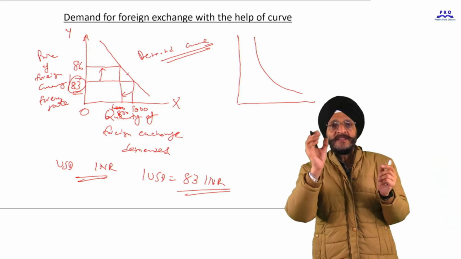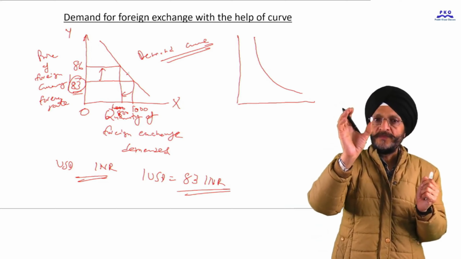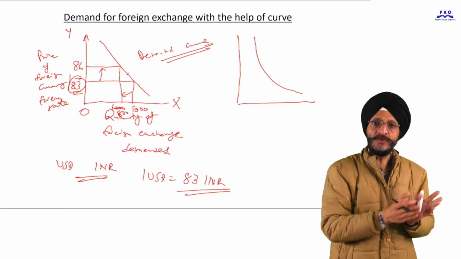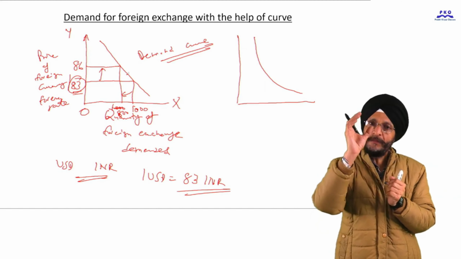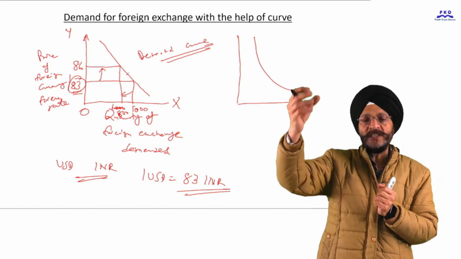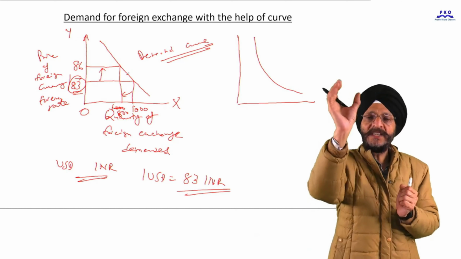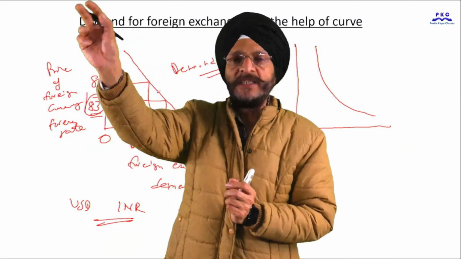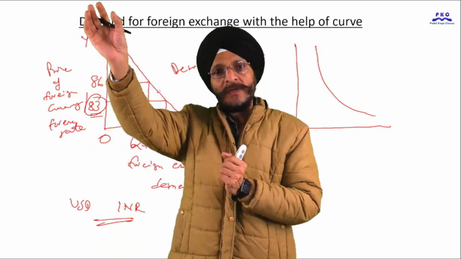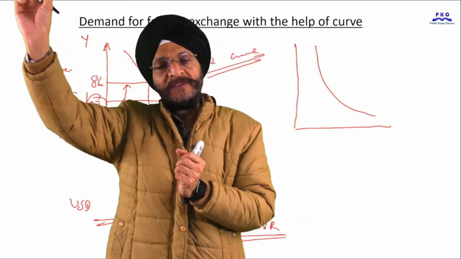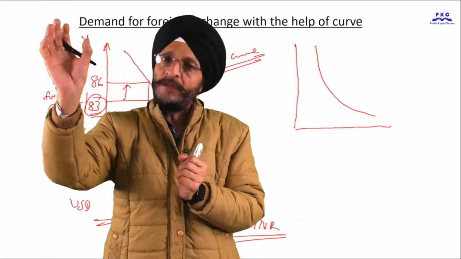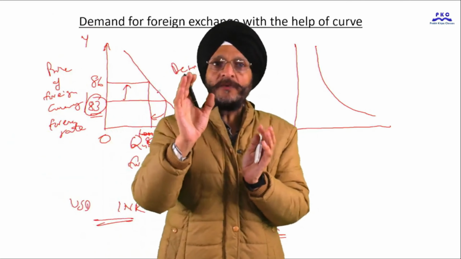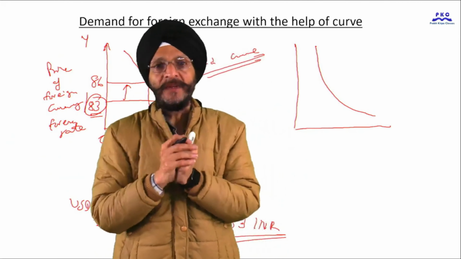So even when the price of those goods or services imported from the other country increases, the demand for them remains, as the substitute is not available in our country. Suppose there is a technology which is not available anywhere in the world except in one country. We will have to purchase or avail the services from that particular country. So the demand for foreign exchange in respect of those goods will remain.